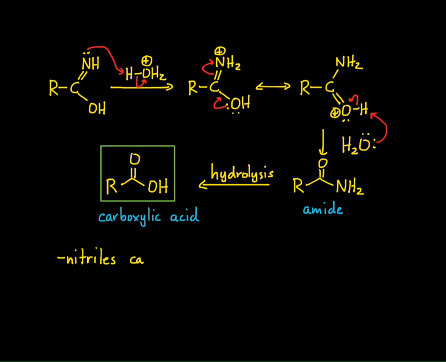So nitriles can also be hydrolyzed in basic conditions as well. And we're going to take a look at that mechanism, just to see the various subtleties, the slight differences in that particular mechanism. All right, so basic hydrolysis. We saw basic hydrolysis of amides, basic hydrolysis of esters, right, saponification, and now we see basic hydrolysis of nitriles.